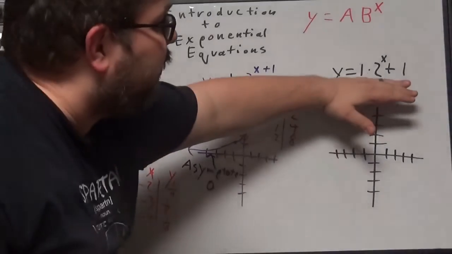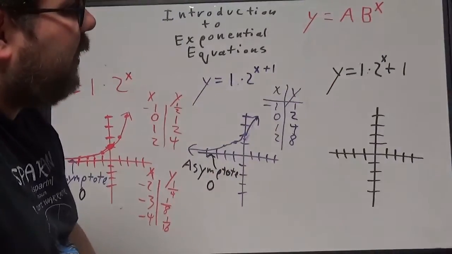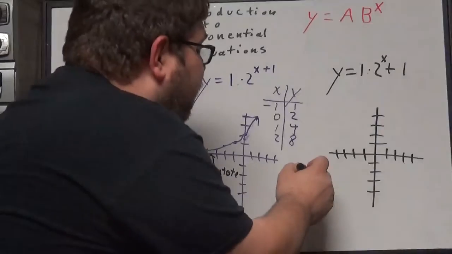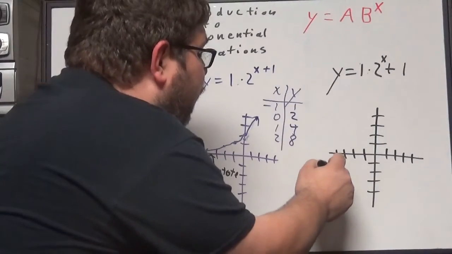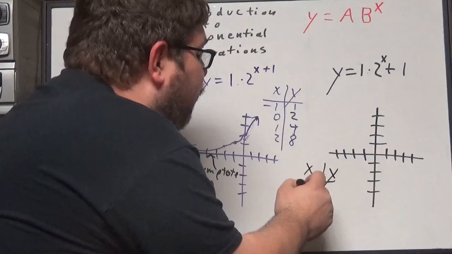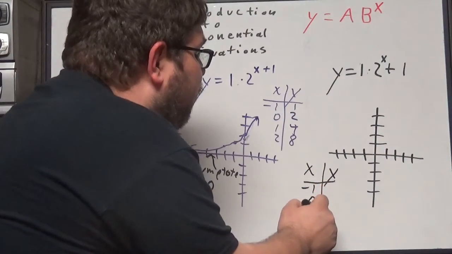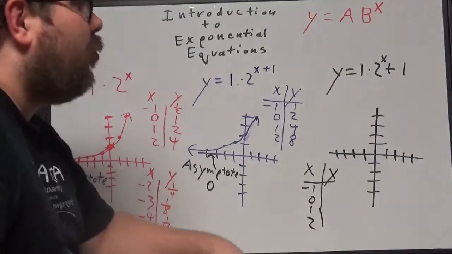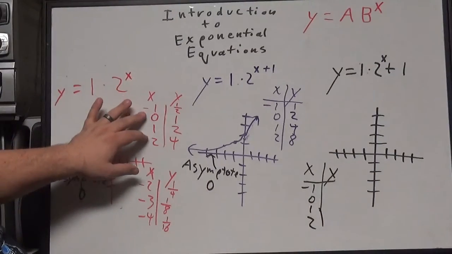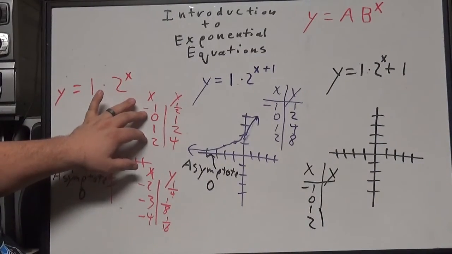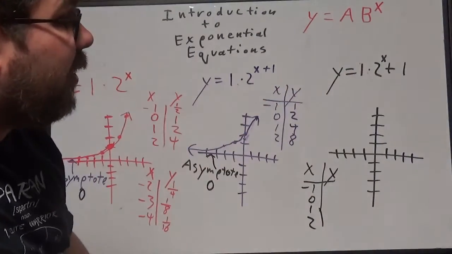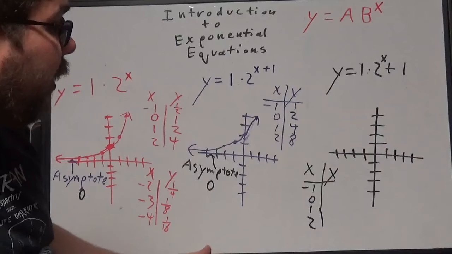When we are doing a problem like this one where we add a number at the end, we add a constant. Well, let's do an XY chart again. Hopefully you don't need it, but in case we do, -1, 0, 1, and 2. Well, now we're going to get the same numbers we got over here, but we're adding 1 to it. So it's 1 times 2 to the power of x plus 1.